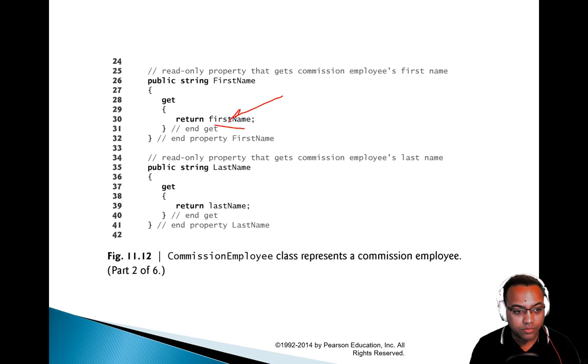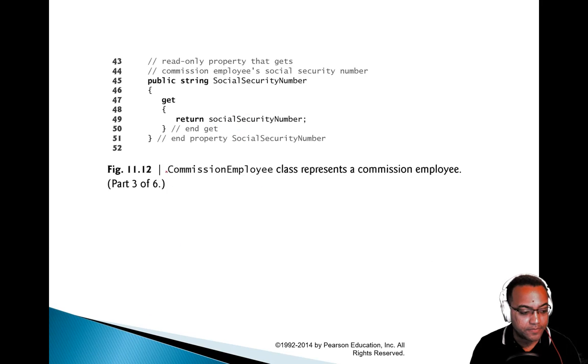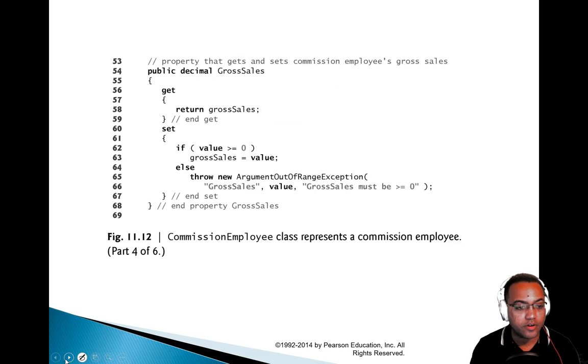So get, we've seen this 3 times already, but we're going to go over it again. Get first name, get last name, get social security number, and return it from the variable that we assigned it to in the constructor. Then gross sales does what it did before. It returns gross sales from the variable that we assigned at the constructor, the private variable that's accessible to the class. And then we have a set value if statement.